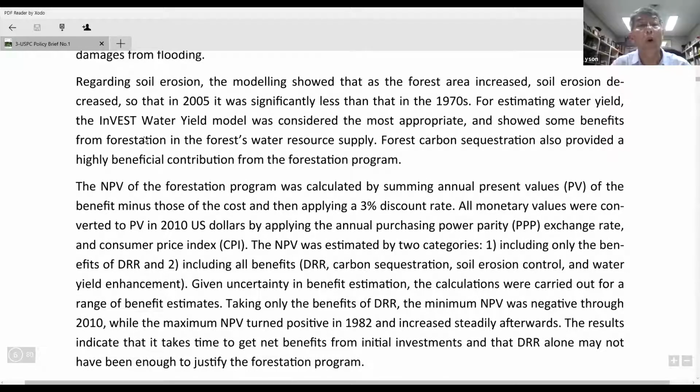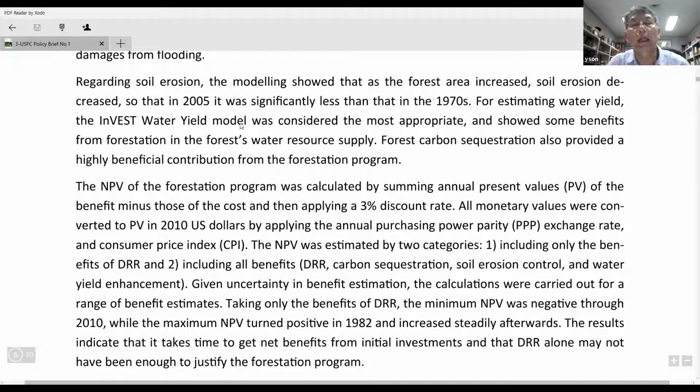Also, the InVEST water yield model showed some benefit from forestation in the forest water resource supply. If I understand correctly, water resource in Tajikistan is very, very important because it's a dry area.